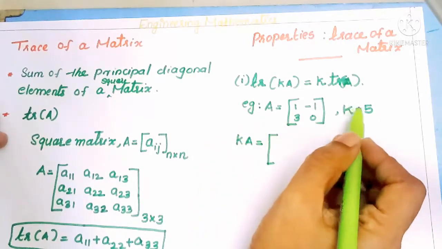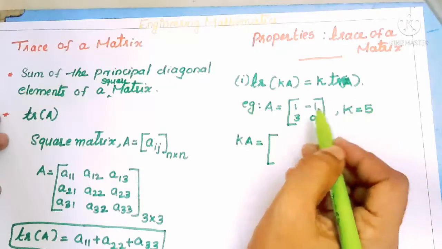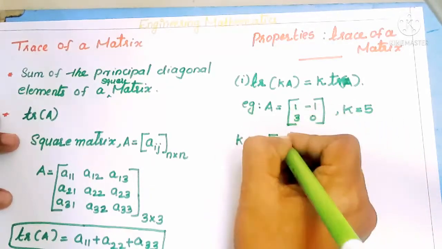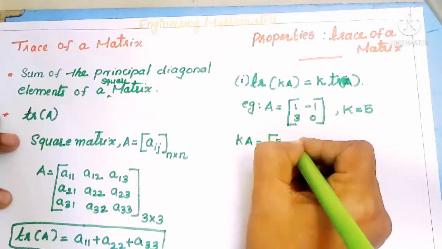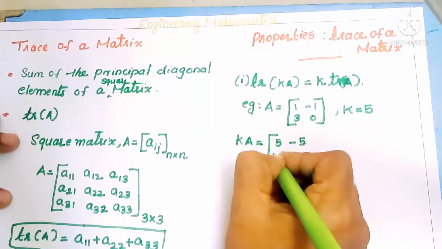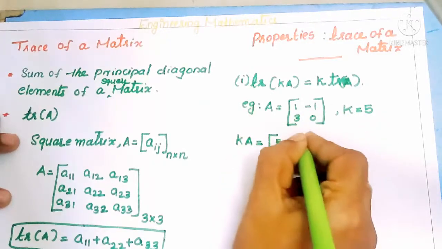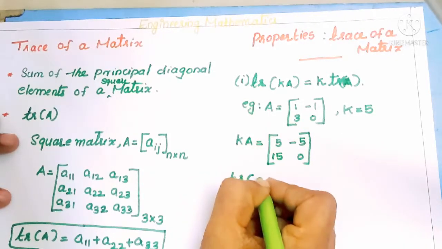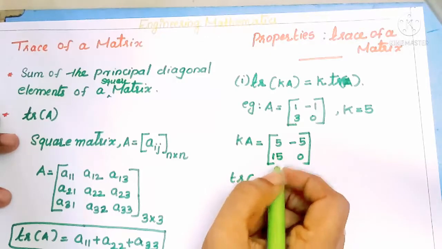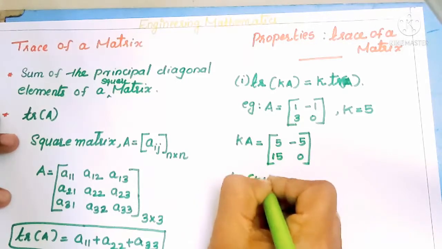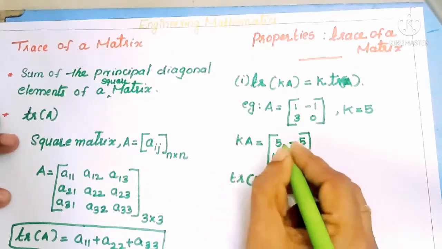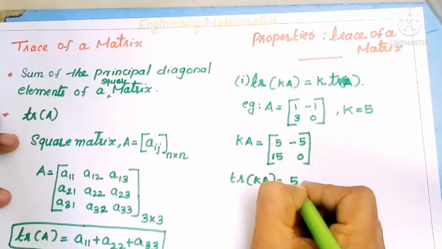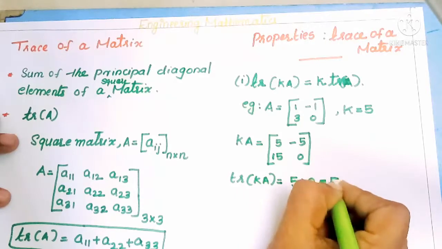You just multiply 5 with each element of this matrix A. So 5 into 1 becomes 5, 5 into minus 1 becomes minus 5, 3 into 5 becomes 15, and 0. Then take trace of kA, which is the sum of the diagonal elements of kA. It is equal to 5 plus 0, which becomes 5.